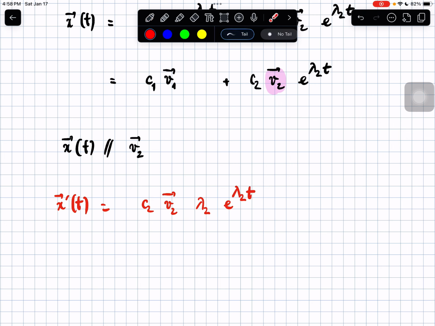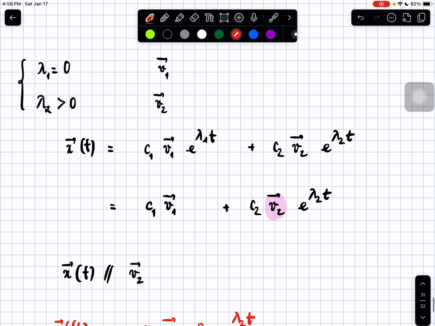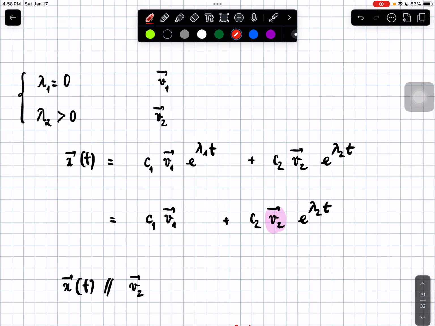So the derivative is parallel to v2, so the vector field, the direction vectors, are always parallel to v2. Okay, that's one way you can see that. So anyway, our solution is parallel to v2.